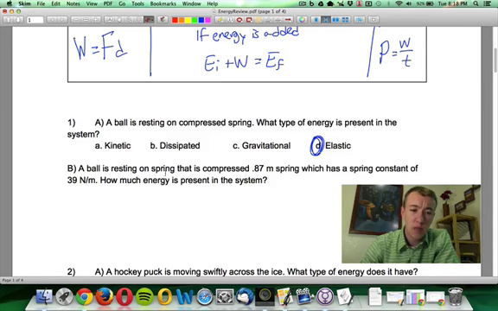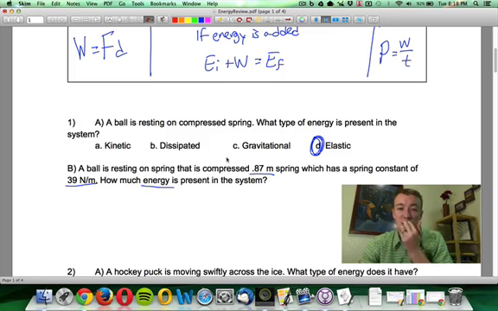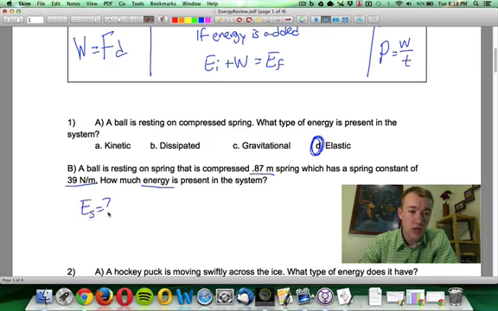It says this ball is resting on a spring that is compressed 0.87 meters, and it has a spring constant of 39 newtons per meter. How much energy is present? Well, we just said that it's all elastic energy or all spring energy. So we're looking for spring energy.